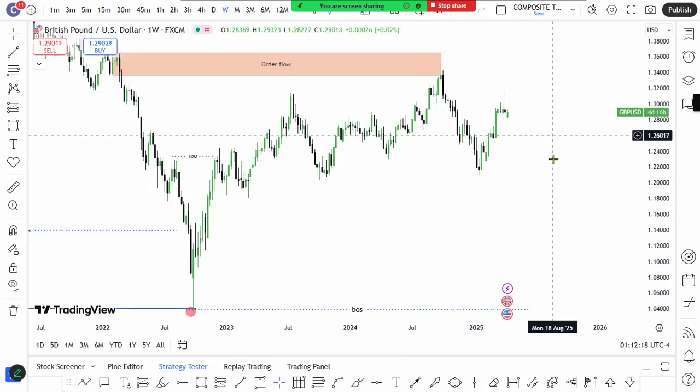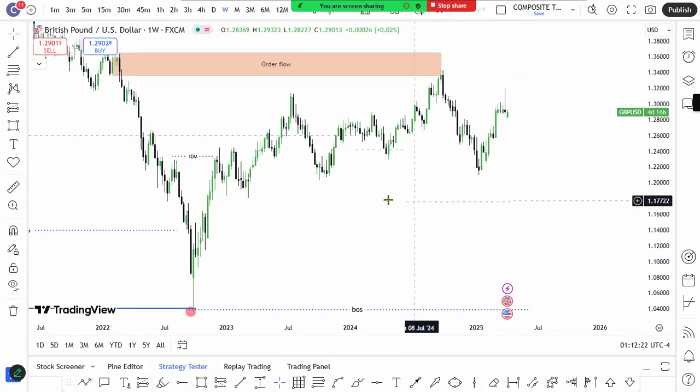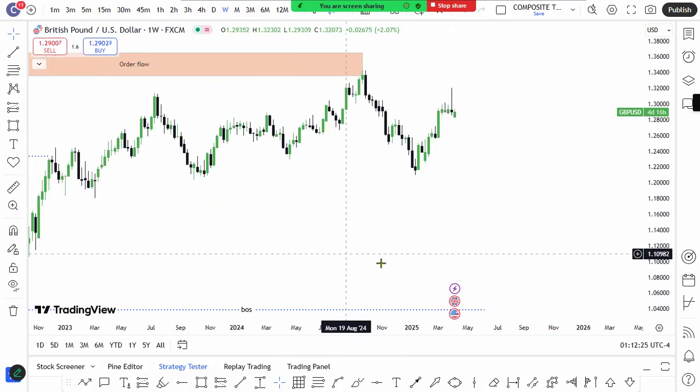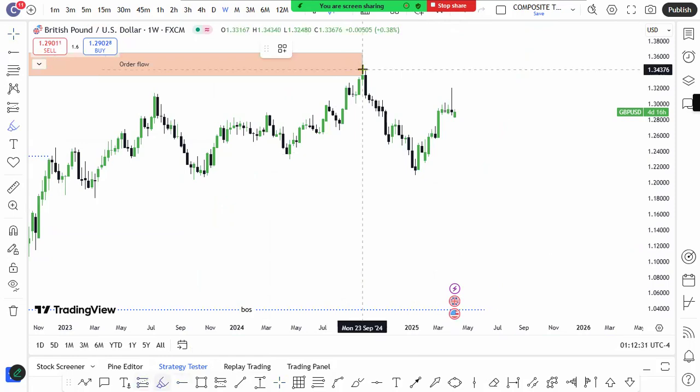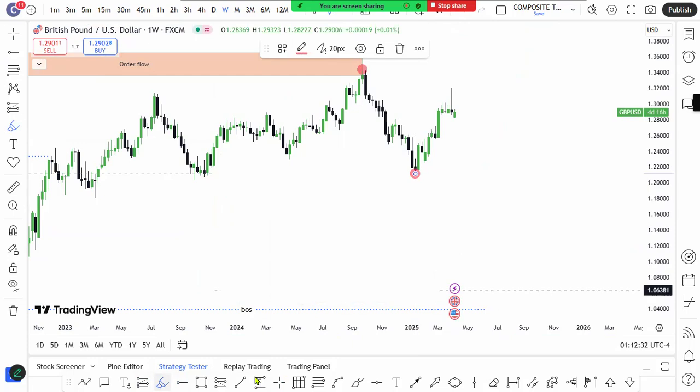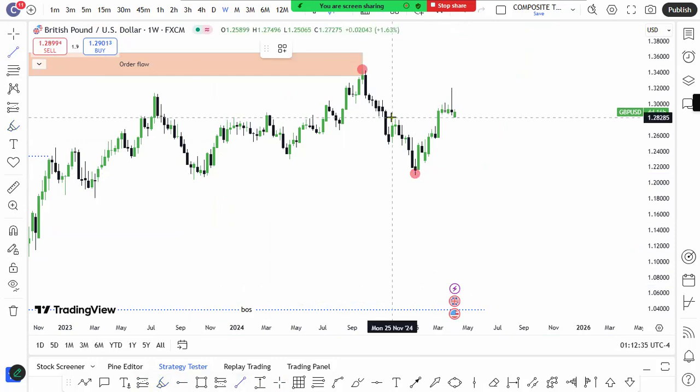So here we can look into this market structure using a daily time frame, but on the weekly, you have to stick to the weekly time frame. You can see these are highs, these are lows. So inducement is here. Here's a weekly inducement.